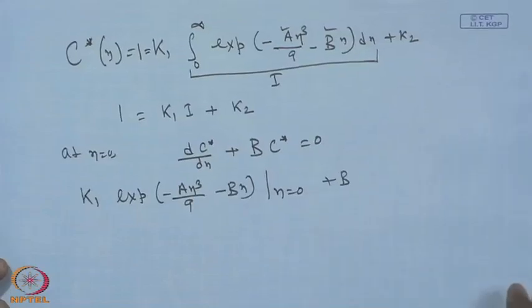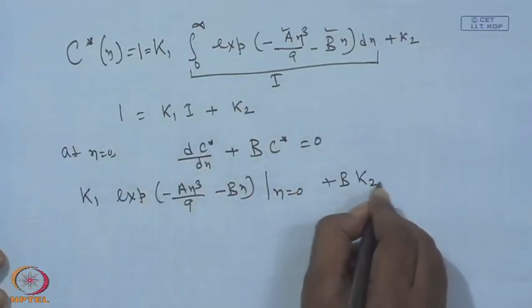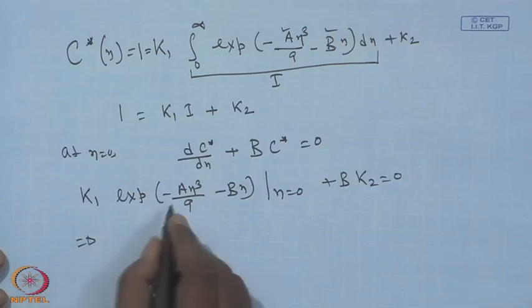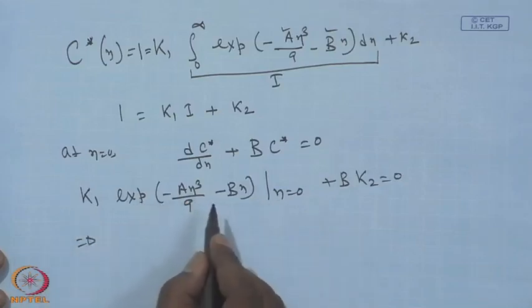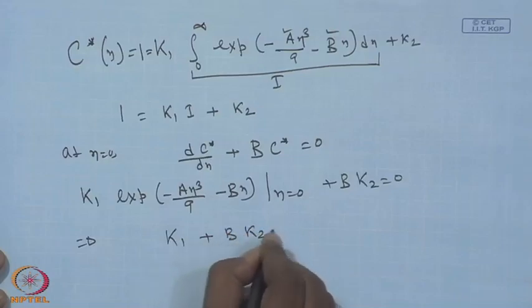That means the integral goes from 0 to 0, so the first term will be gone. So, this will be b k 2 is equal to 0, and at eta equal to 0, exponential 0 will be 1. So, k 1 plus b k 2 is equal to 0.